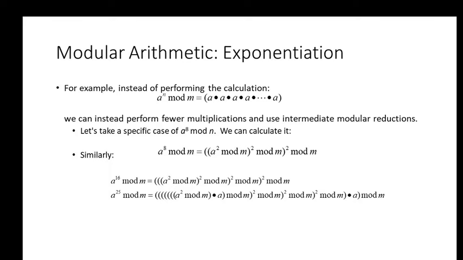Let's take a specific case of a to the power 8 mod m. We can calculate it similarly: a to the power 8 mod m is equal to a square mod m, whole square mod m, whole square mod m.